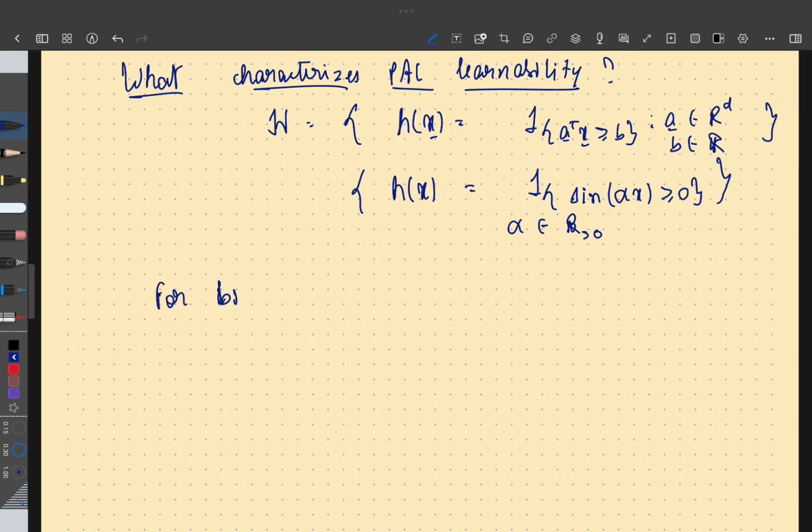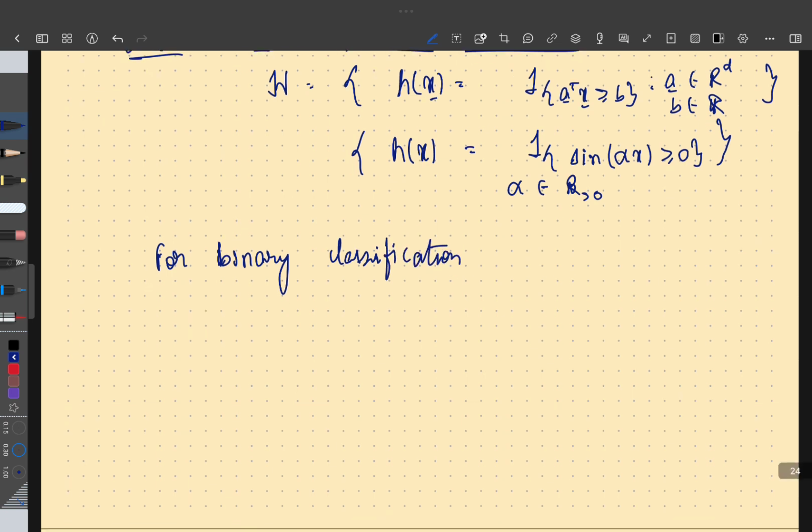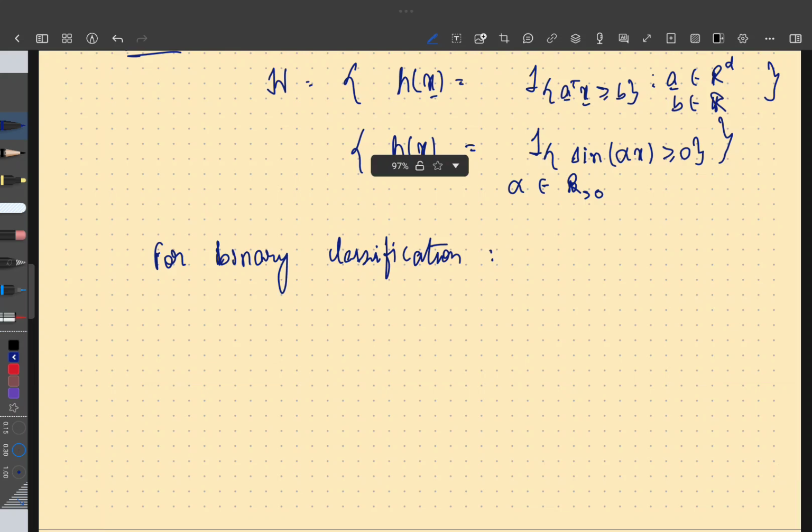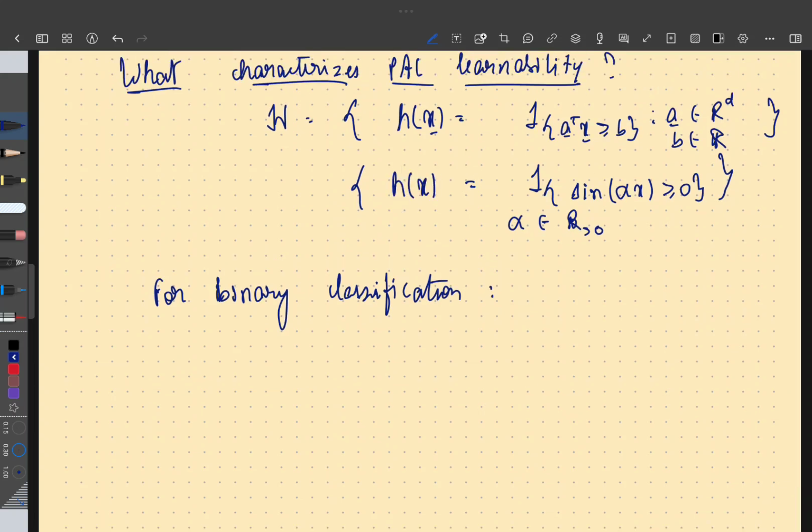For binary classification, it turns out that there's a parameter of the hypothesis class, a combinatorial parameter called the VC dimension, that determines whether a hypothesis class is PAC learnable or not.